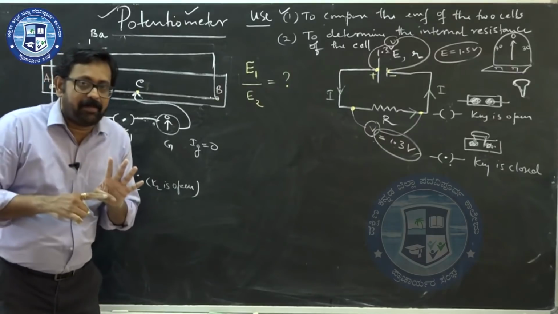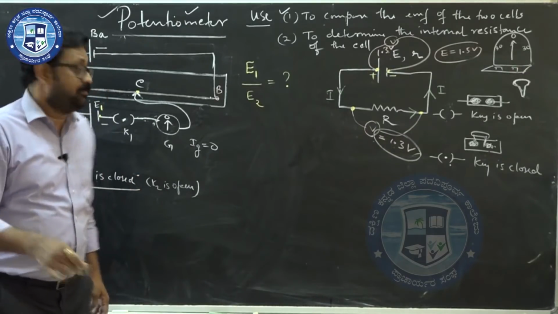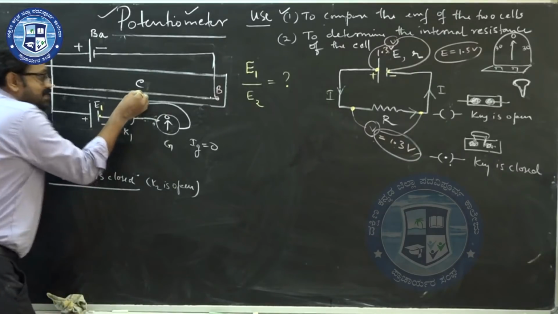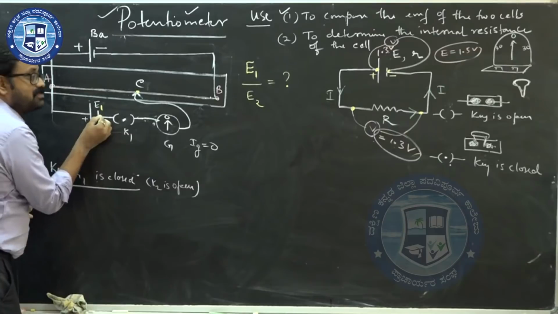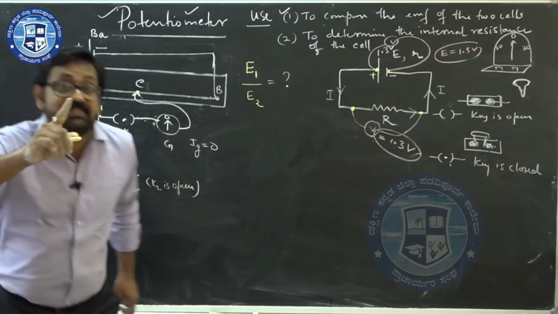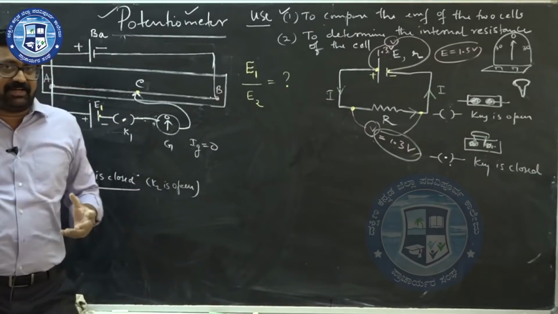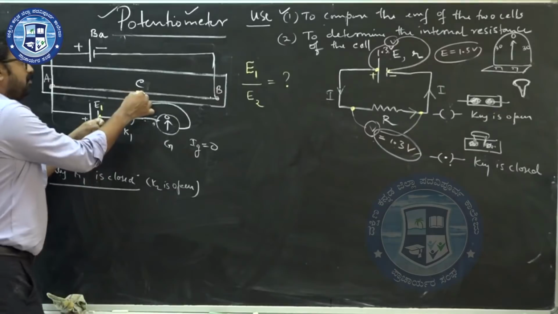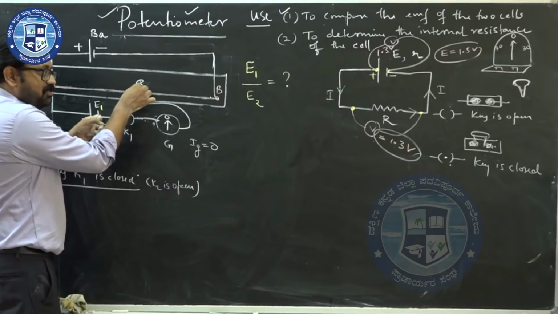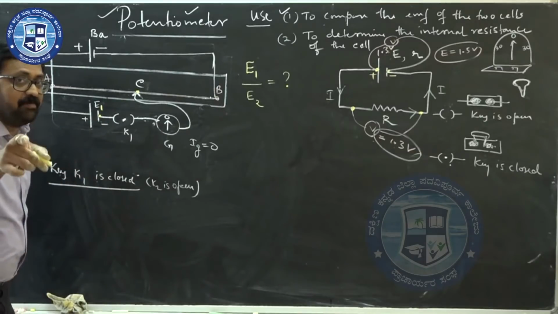No. Conducting path is there, but still there is no current, indicating that C and the negative terminal of the battery, C and the negative terminal of the cell, both are at the same potential. You know the basic requirement for current: there should be a conducting path and there should be a potential difference. Conducting path is there between C and the negative terminal, but still current is not there, indicating that C and the negative terminal of the battery are at the same potential.